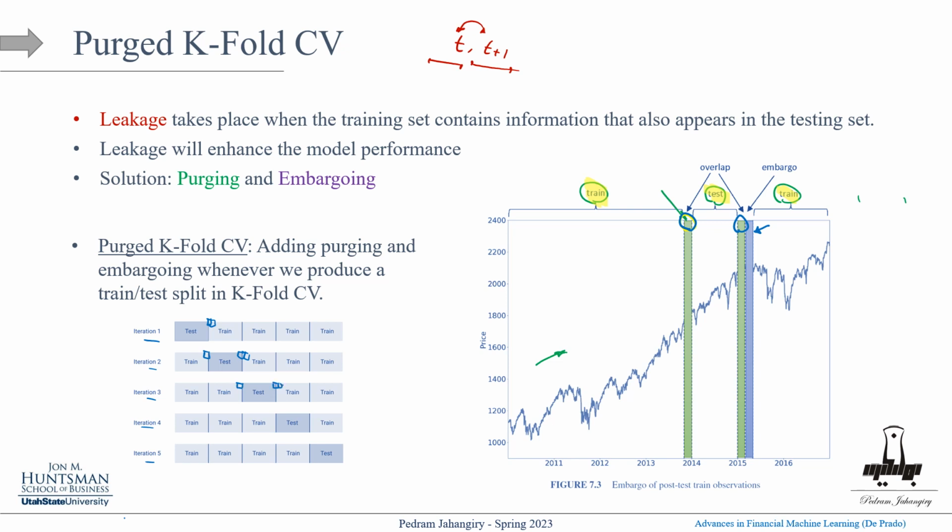We're going to apply this and then calculate the performance on the test set in each fold. And just like any other K-fold cross-validation, we are going to combine these performances, for example take the average if it is, let's say, RMSE, and then call it the cross-validation performance metric.